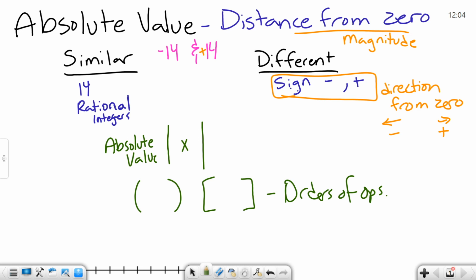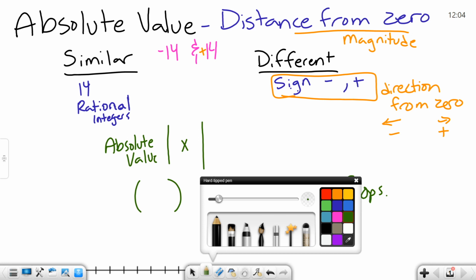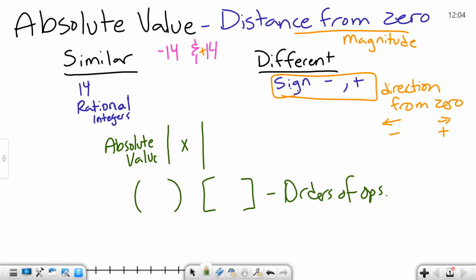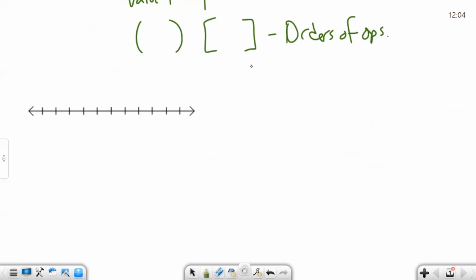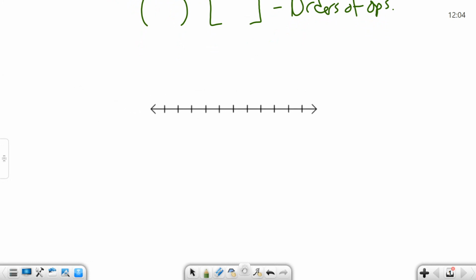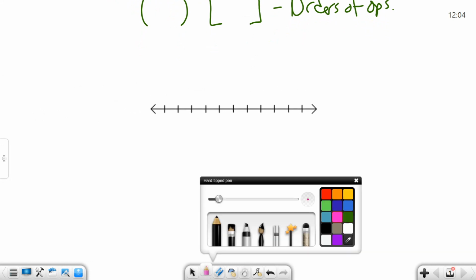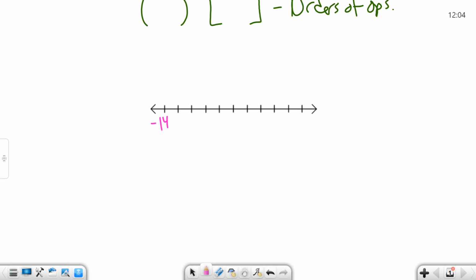Instead, if we look at negative 14 and 14, we'll put these on our number line. Put 0 right in the middle.